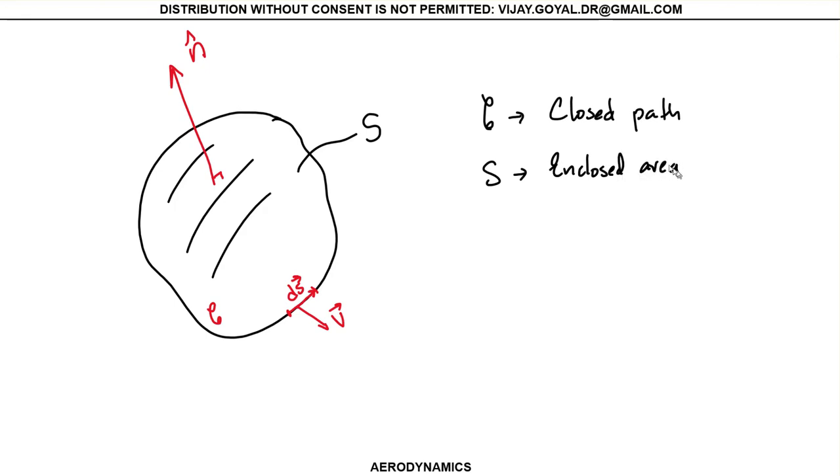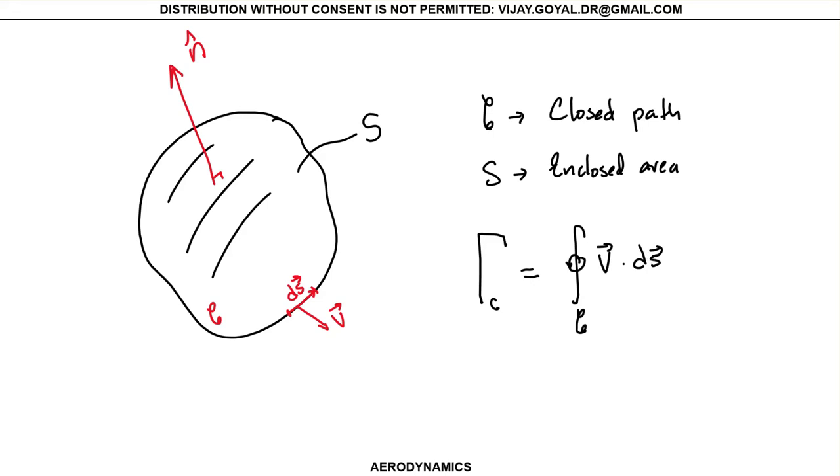Then the net rotation around this loop, we're going to call circulation. We define the circulation by gamma, gamma C, and it is going to be equal to the closed line integral over this line of the velocity v dot ds.